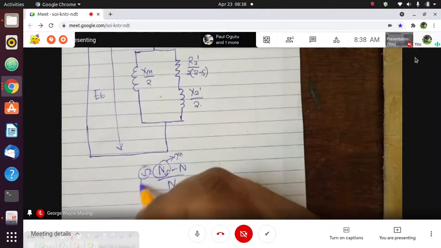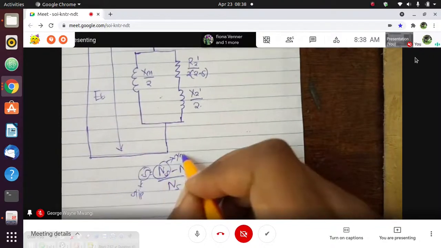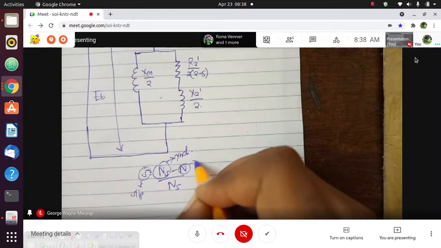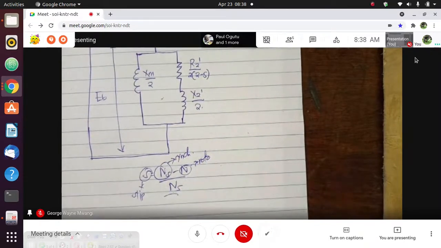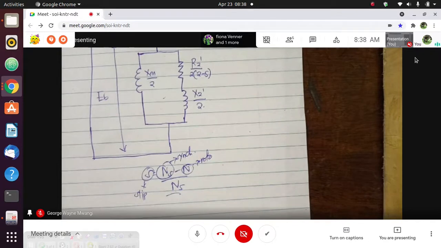If you are to calculate slip, you'll take the synchronous speed minus the rotor speed all over the synchronous speed.